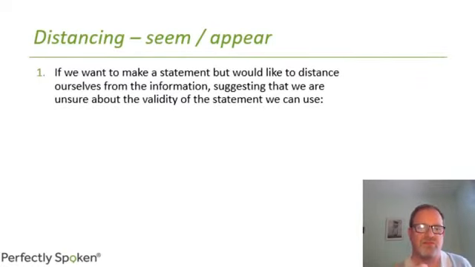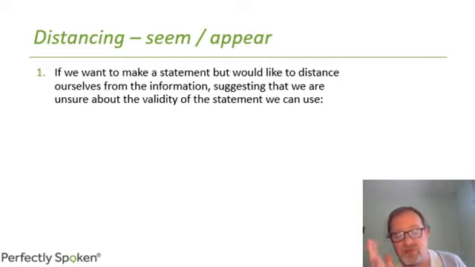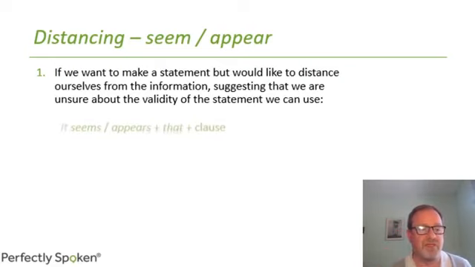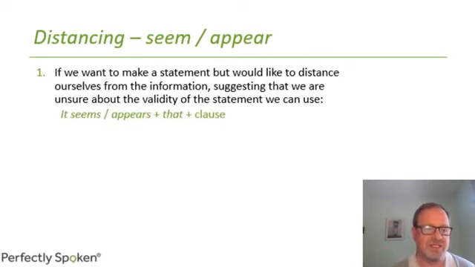If you want to make a statement but would like to distance yourself from the information, to suggest that you're not completely sure whether or not the statement is accurate or correct, we can use the verbs seem and appear. And here's the form: it seems or it appears that plus a clause.